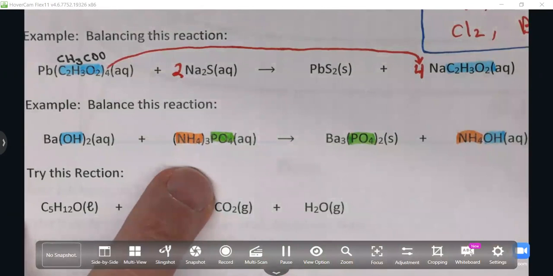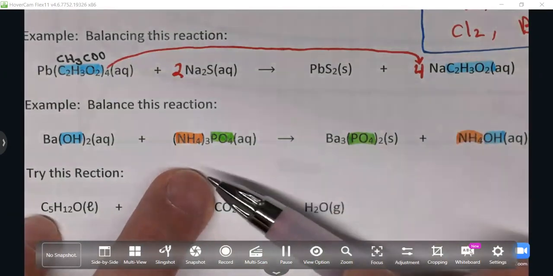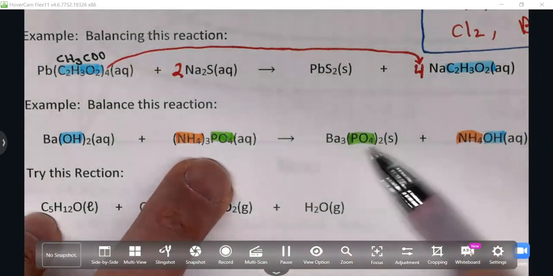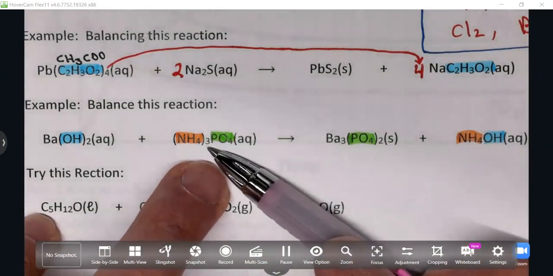It doesn't matter which one we pick necessarily, but it'd be nice to pick one with a large number first. Like here's 3 ammoniums, 2 phosphates. I would try to deal with the 3 ammoniums first.